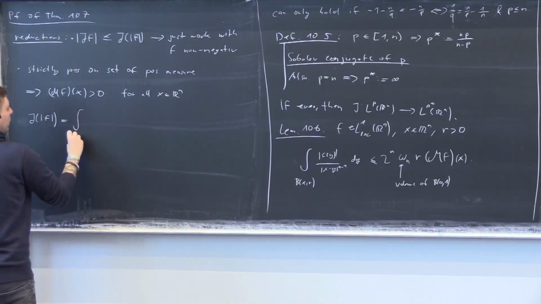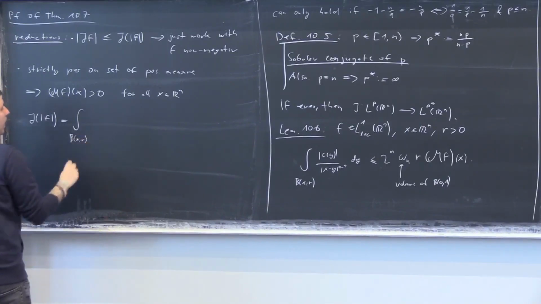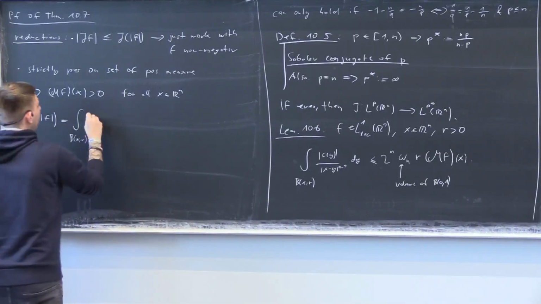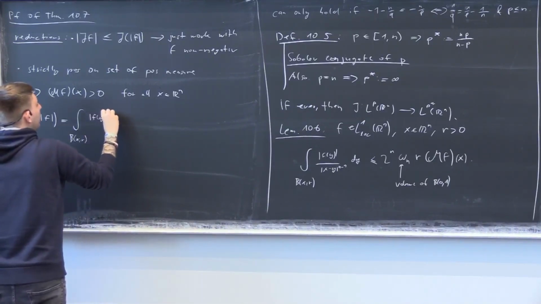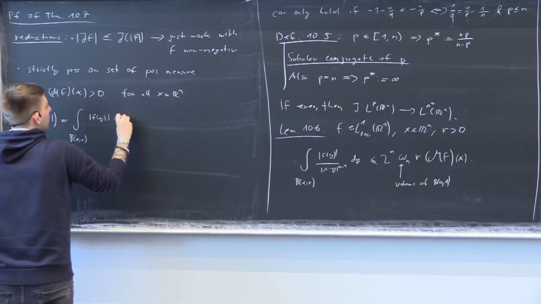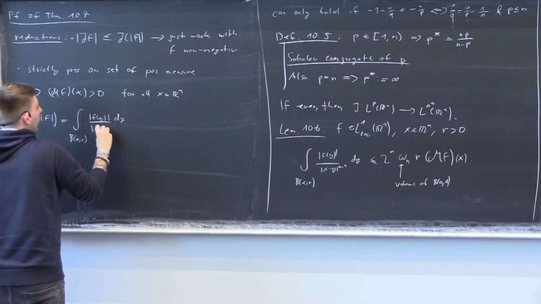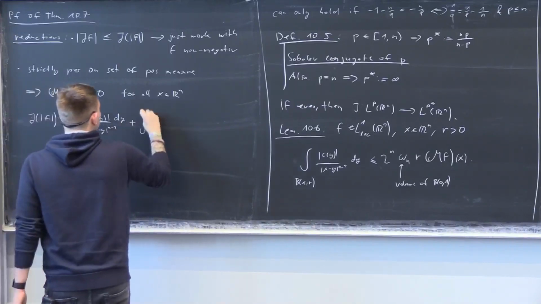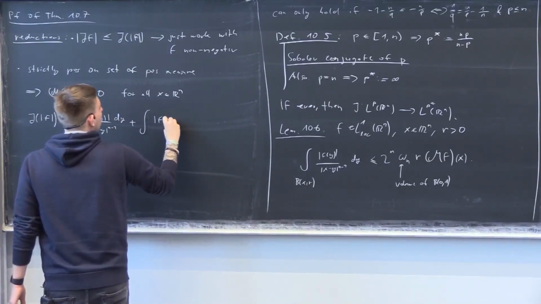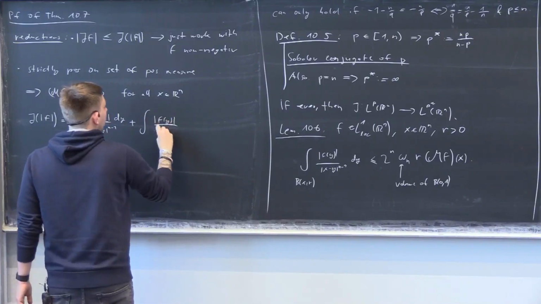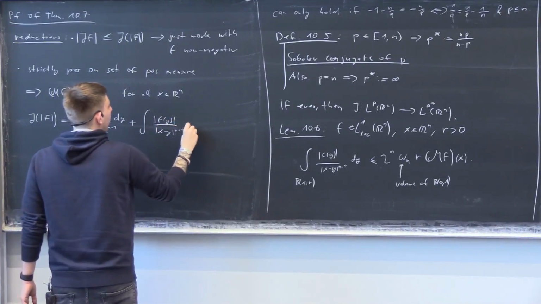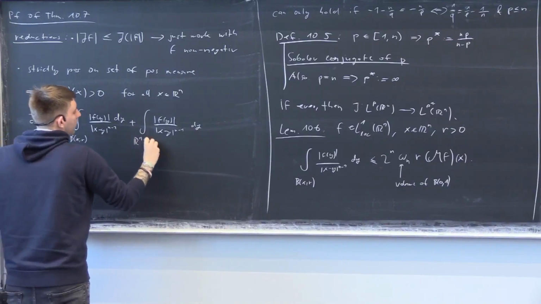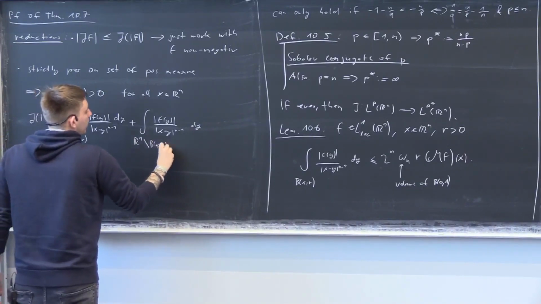So right here, the integral over B(x,r) of f(y) dy over |x minus y|^(n-1), plus the remaining part, same integrand, f(y) over |x minus y|^(n-1) dy, over R^n without the ball B(x,r).